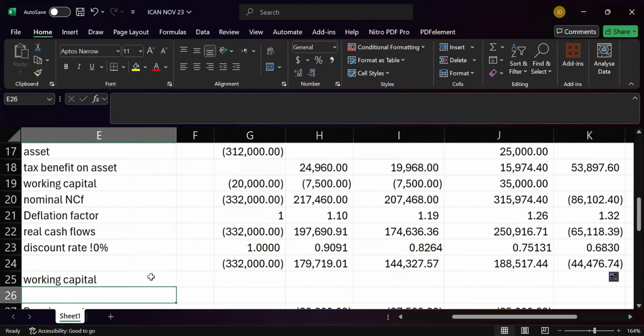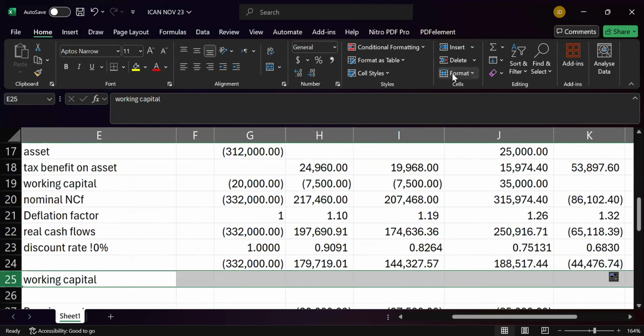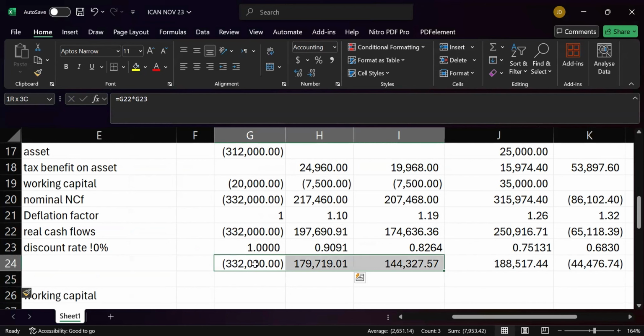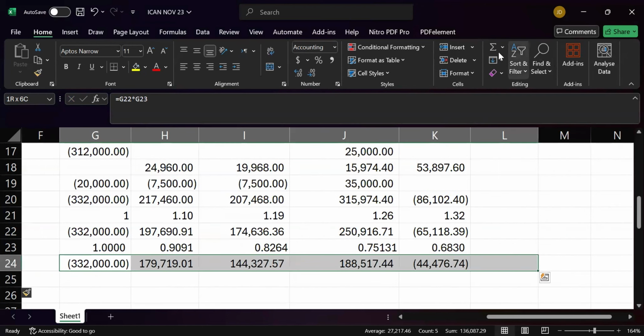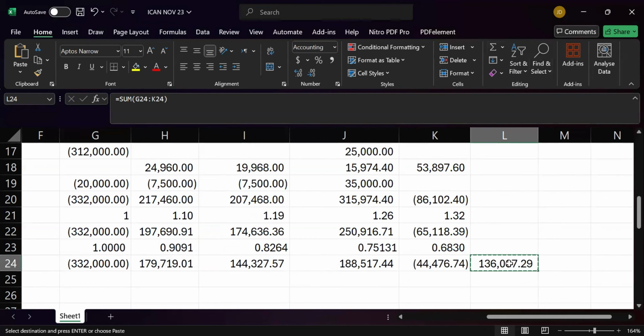So what will be the net present value? The net present value is the summation of these figures. This is 136. I can just bring it here. Net present value.